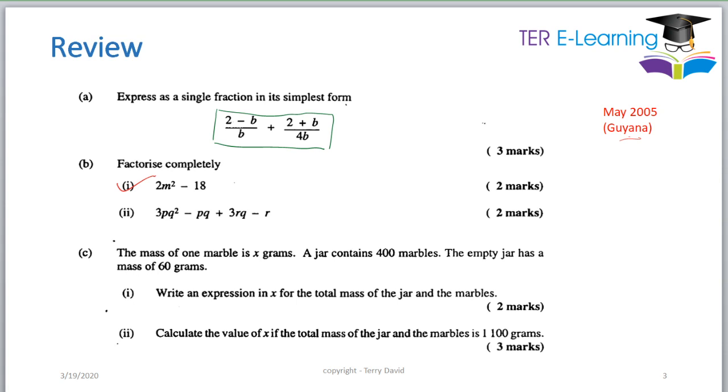Now for part B, I'm sorry, this part 2 here, they want us to factorize this.